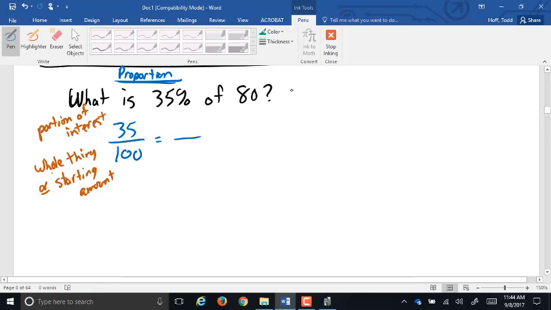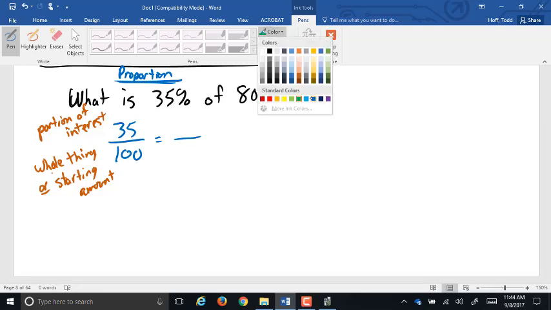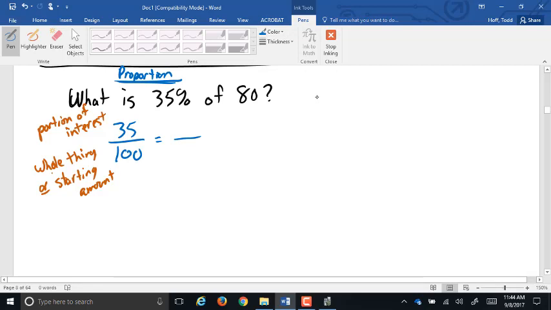So now on the other side, we have to match numbers up with the 35 and 100. One of the keys to using a proportion is that relationship, that things match up. So 80 here, is that the piece we're focusing in on, or is that the whole thing? That's the whole thing. We know that because of 80, you can think of that as saying out of 80. It implies that 80 has to go on the bottom.